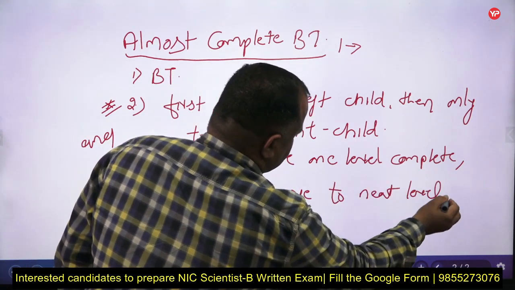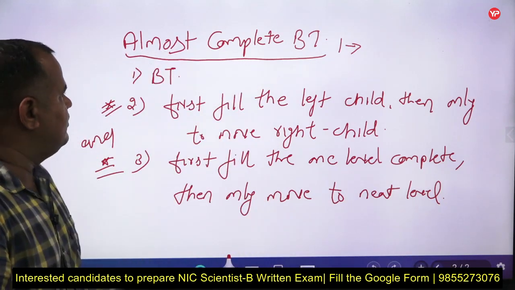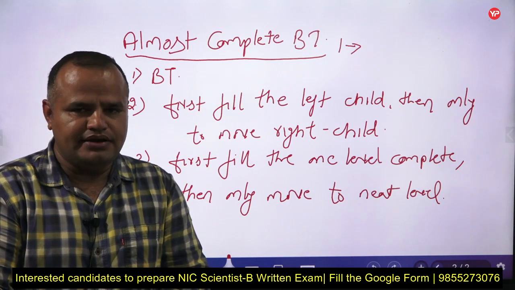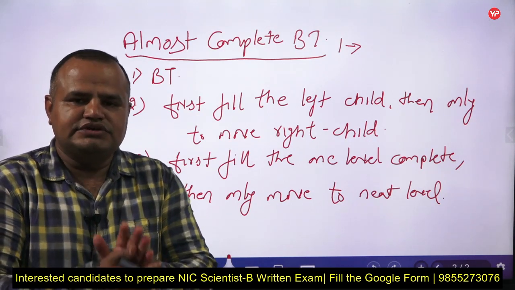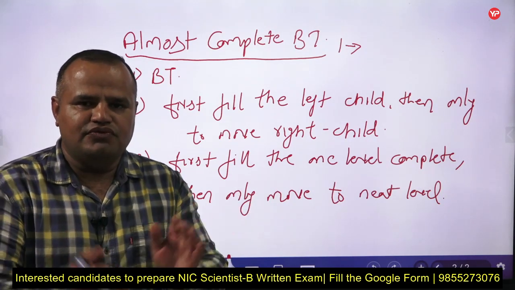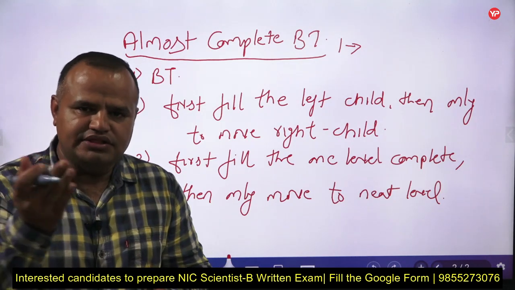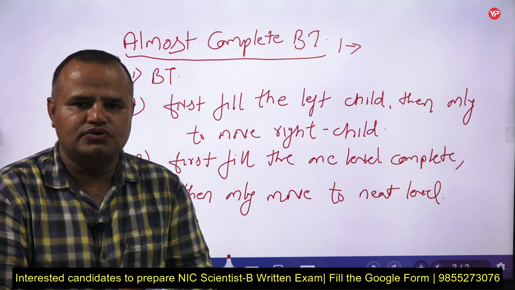Getting my point? So we have three conditions for the definition of an almost complete binary tree. First of all, it will be a binary tree, then first fill the left child, then only move to the right child, and after completely filling one level, then we can insert into the next level.